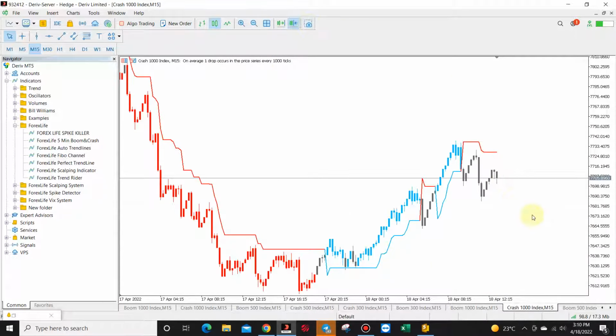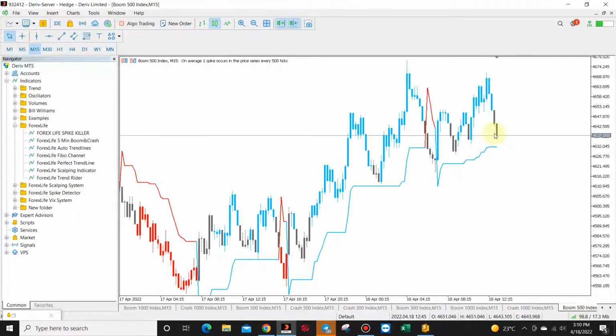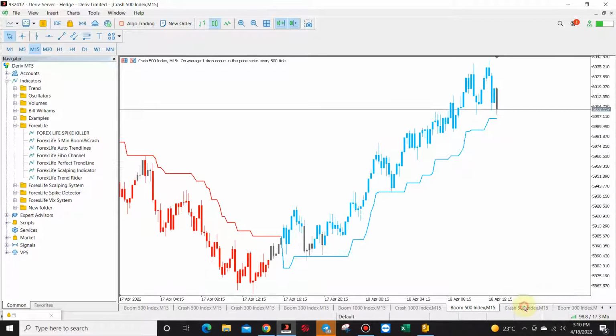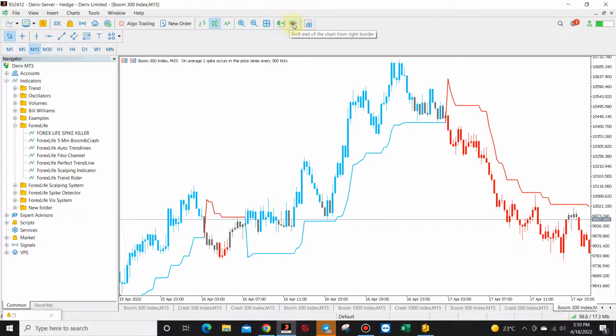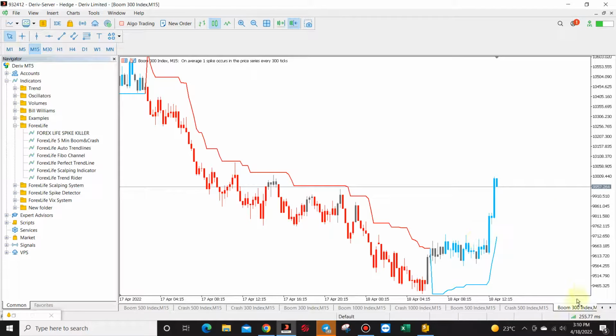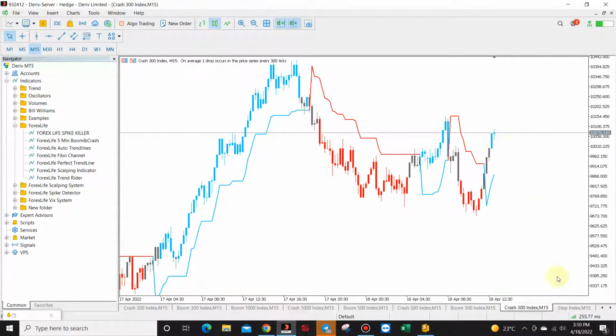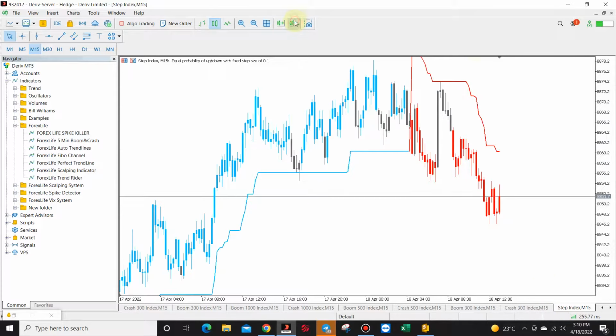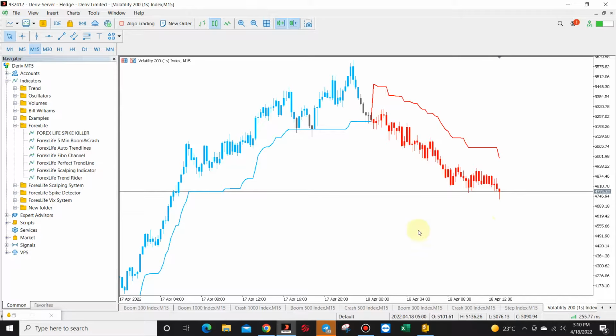Crash 1000, still no red candle to indicate a sell. Still did not close below to indicate trend reversal, so you'll still stay in this trade. Crash 500, still no red candle indicating a sell. This is still pushing all the way up, blue candle. Still going into an uptrend. Still into a downtrend. And still in a downtrend.